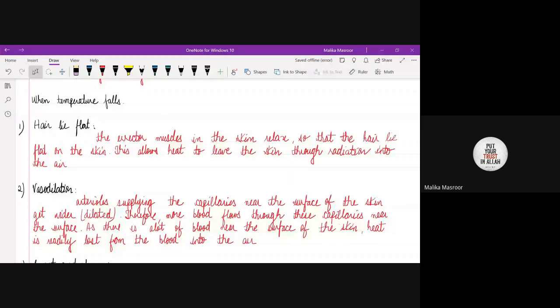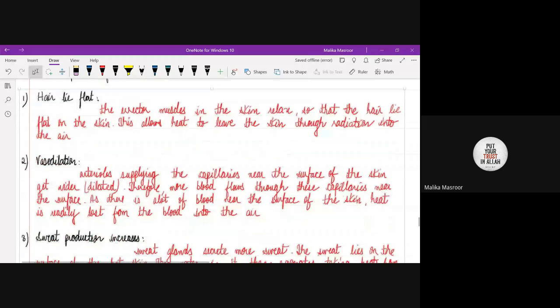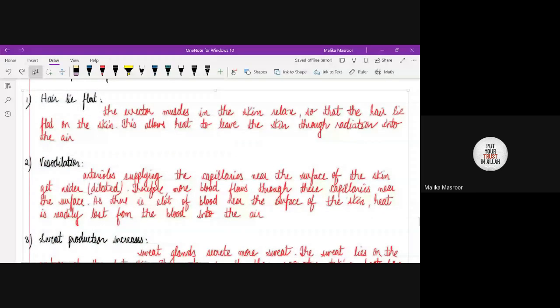Look at this. Your hair will lie flat. Yes, your erector muscles in the skin will relax. Sorry, wait. I think I pressed the wrong one. It's supposed to be vasoconstriction. One second, sorry, my bad.